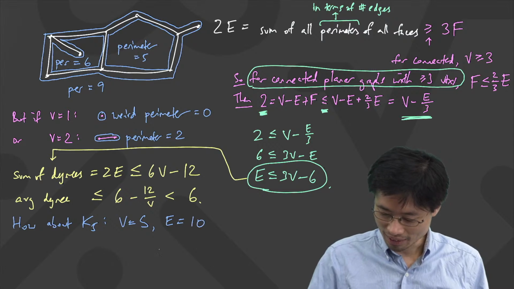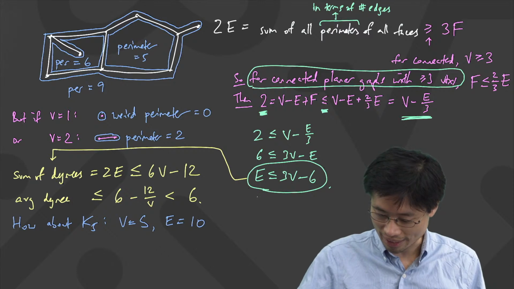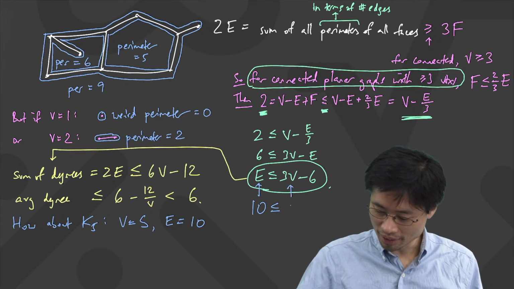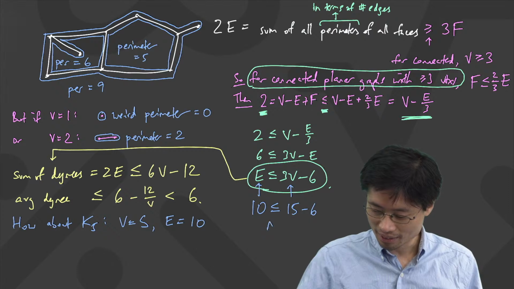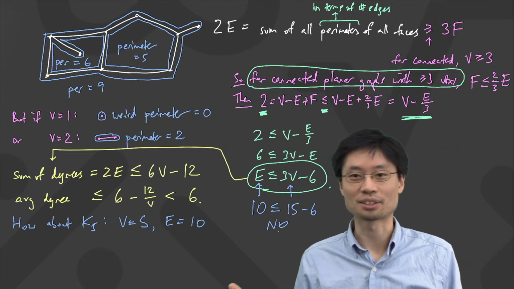What is E? E is supposed to be less than or equal to 3v minus 6. So E is 10, and it's supposed to be less than or equal to 3v, which is 15, minus 6. No, it's not, because 10 is not less than or equal to 9.